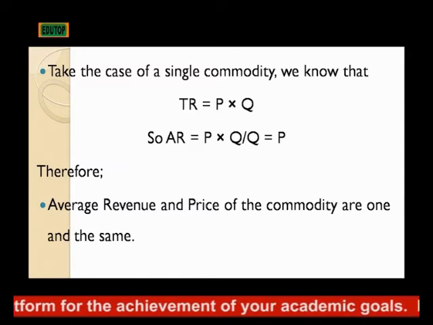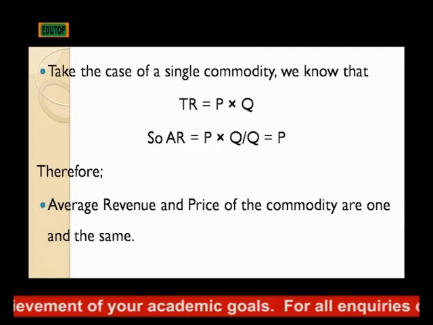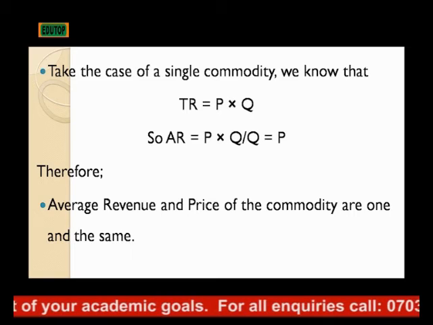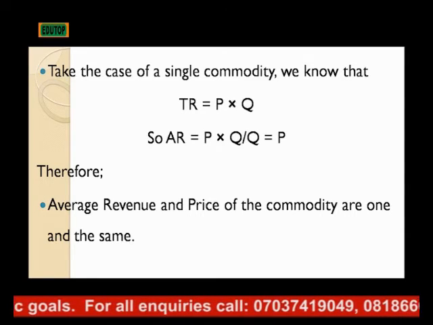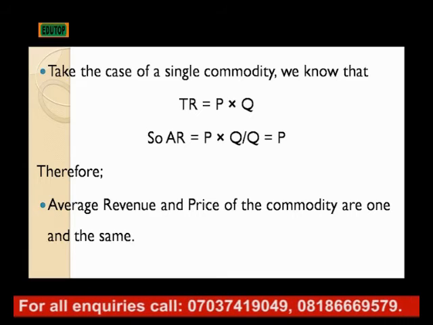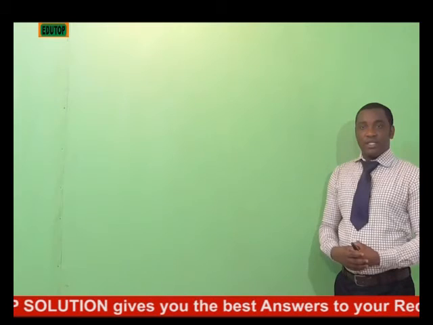Then average revenue and price will be the same. That means at the end of the day, you discover that average revenue and price have the same value. Therefore, they are written together, or sometimes used to represent each other.